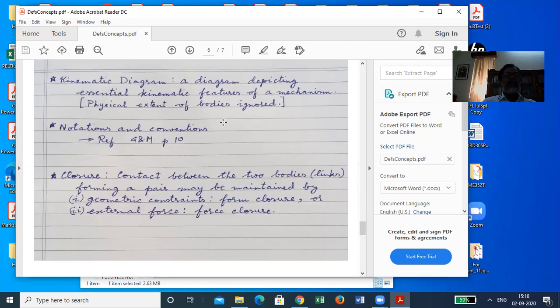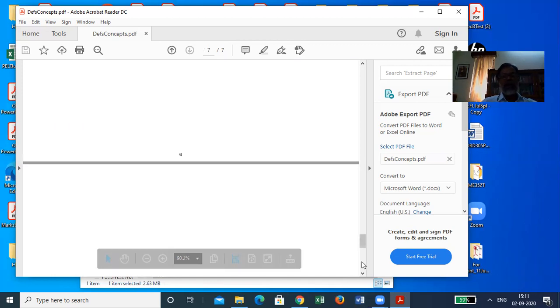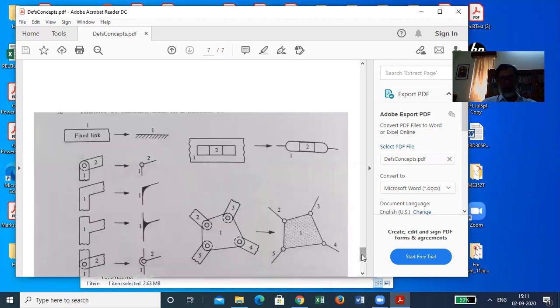Right? In some problems, you will be shown the physical extent, or you will be showing it, because that is important for the purpose of the mechanism, even though not a kinematic feature. Okay. So notations and conventions. For that, the simplest thing for me is to take you to upper half of page 10 of Professor Mallik's book.